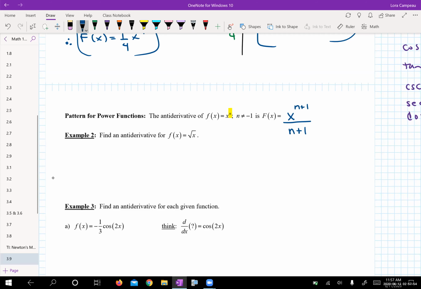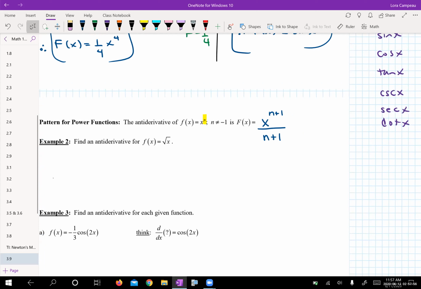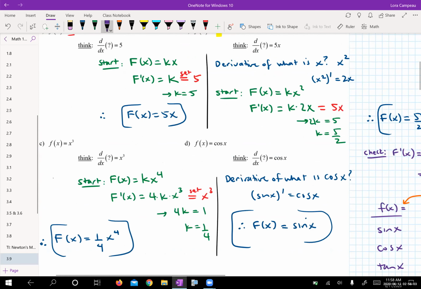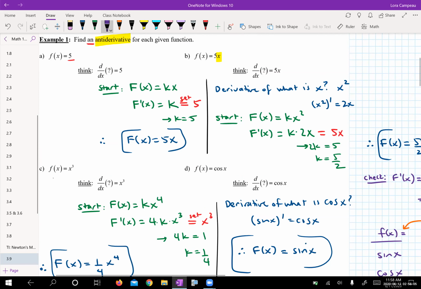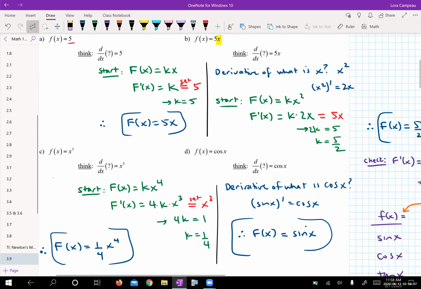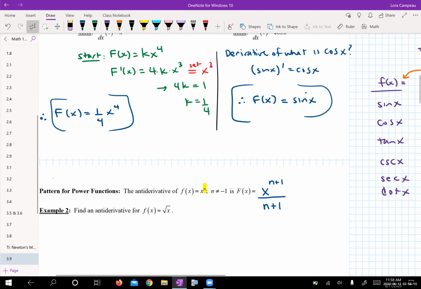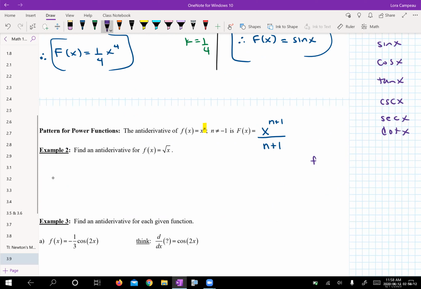So if we want to look at what we had earlier, and I'll go through example 2 in a second, but just looking at maybe example 1b. And we wanted to say, what's the antiderivative? What was it? f of x equals 5x. Well, if you want to find the antiderivative, again, the constant's not going to have an issue. What we want to do is take our x.